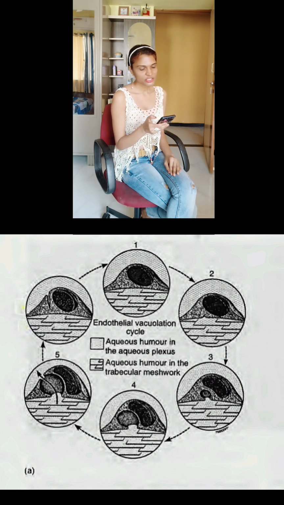Progressive enlargement of this infolding leads to formation of a macrovacuolar structure, stages 3 and 4, which eventually opens on the luminal aspect of the cell surface, that is stage 5, thus forming a transient vacuolar transcellular channel (continuous arrow).